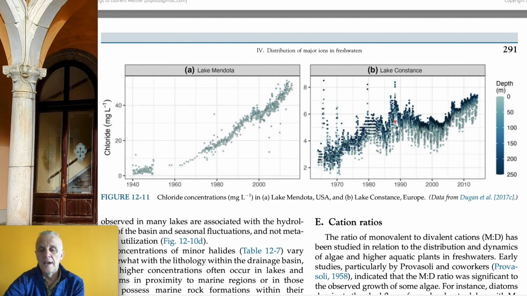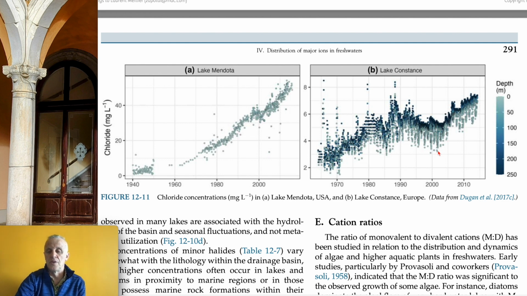And here we have Lake Constance. This is a pretty deep lake, and so the chloride concentration is on the y-axis. Then we have time on the x-axis, and the color-coded is the depth. What we are seeing here is that we have pretty high concentration of chloride at very high depths, which is not necessarily the case.